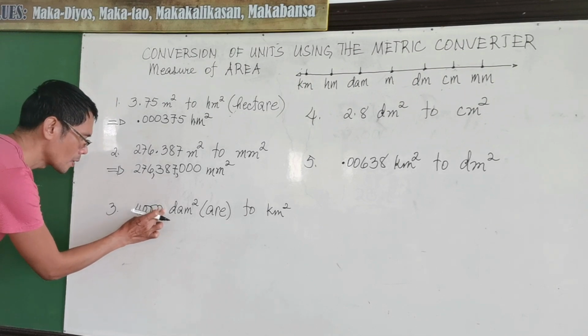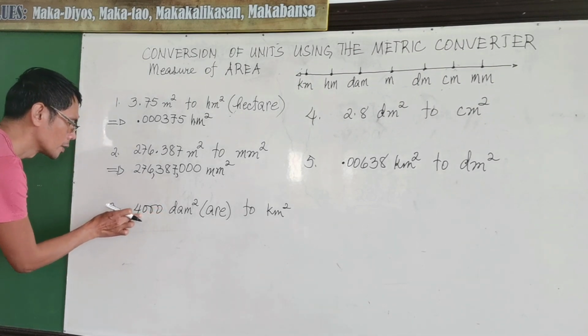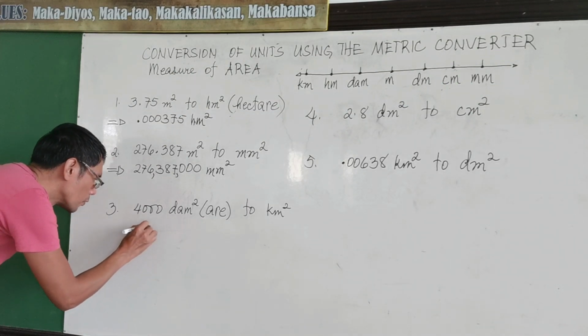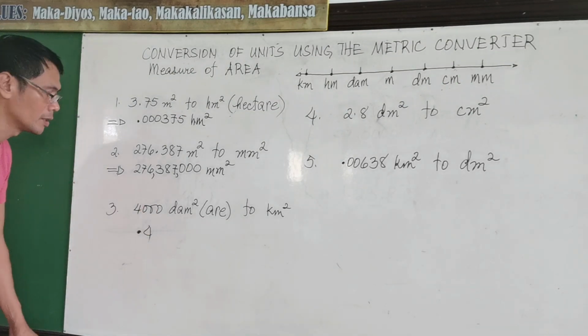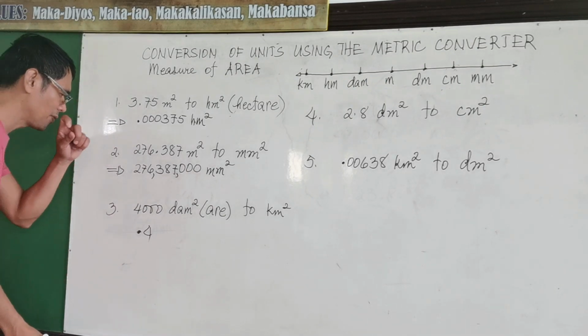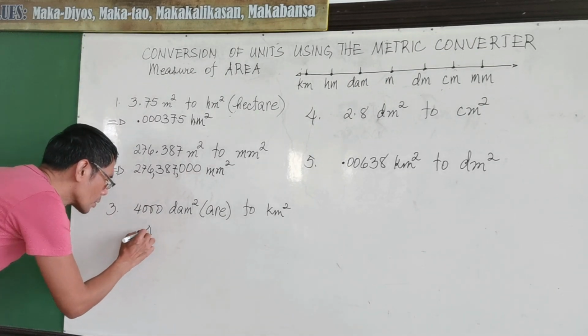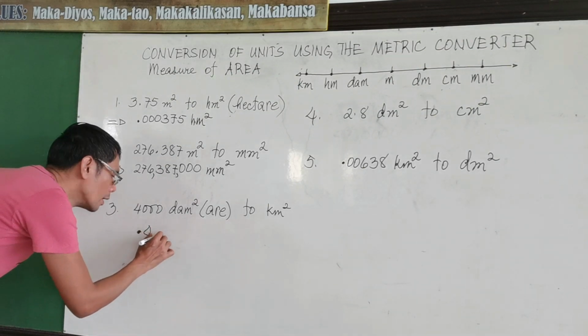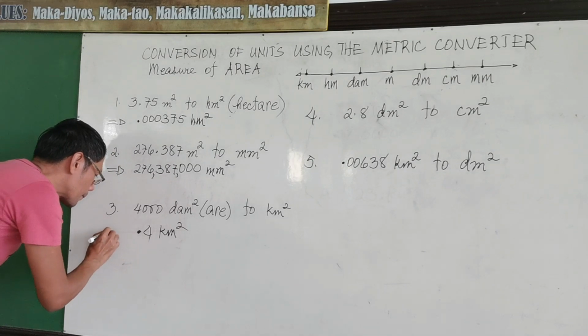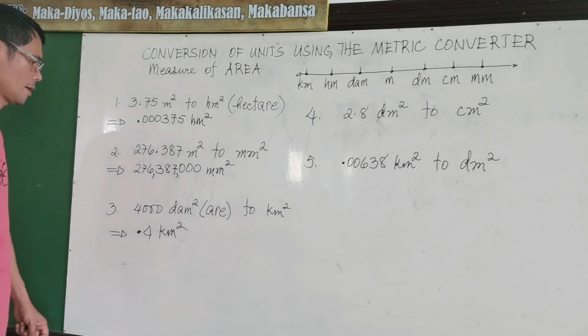It's there. So we have 1, 2, 3, 4. So we have 0.4. We don't need to write the 3 zeros. Those are what we call insignificant digits. So 0.4 kilometers square.